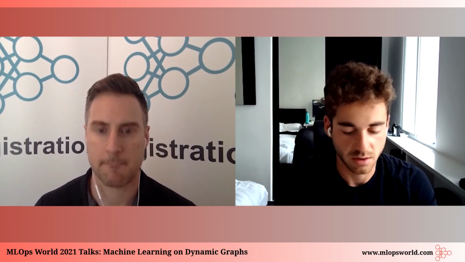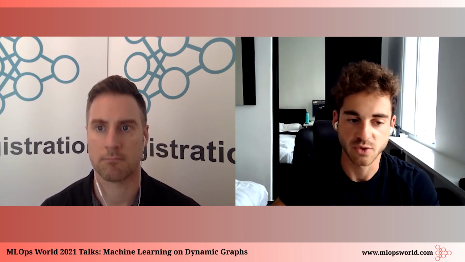I also worked together with the author of one of the main libraries for graph neural networks, called PyTorch Geometric, and we implemented TGN in the library, and there is code there as well.